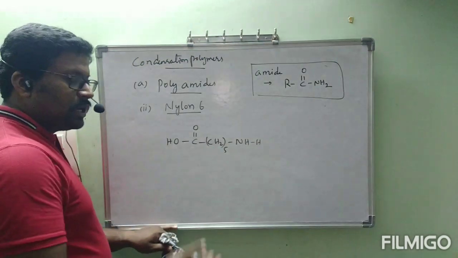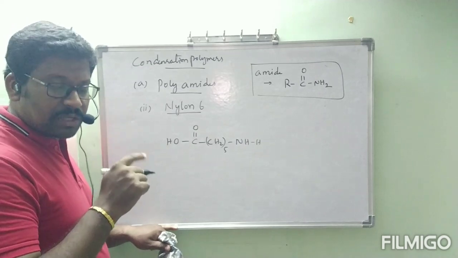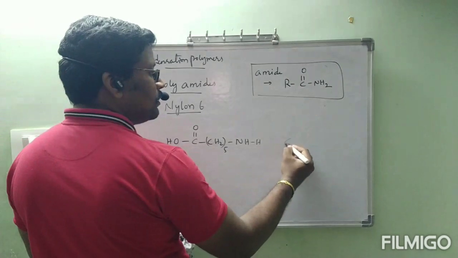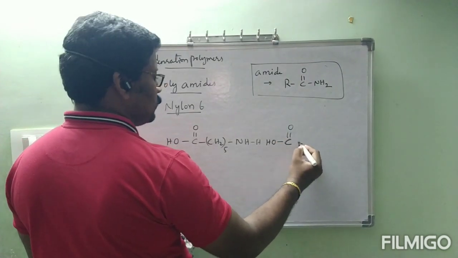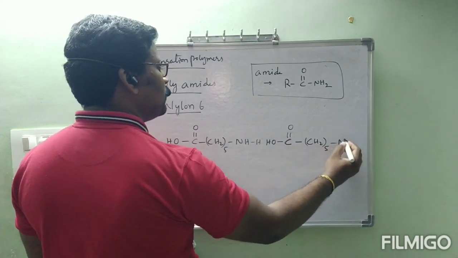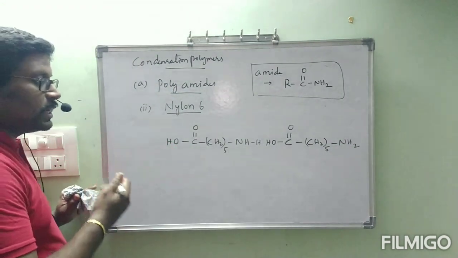Here there is only one monomer, and this molecule is going to be repeated. C double bond O, OH bonded to CH2 5 NH2. This side also it will be continued.